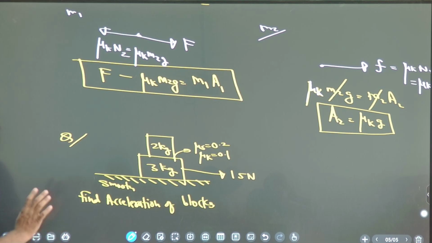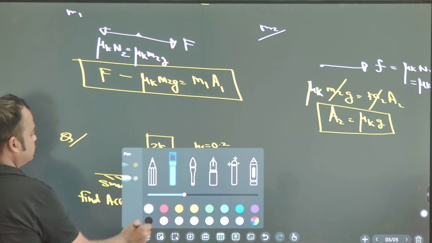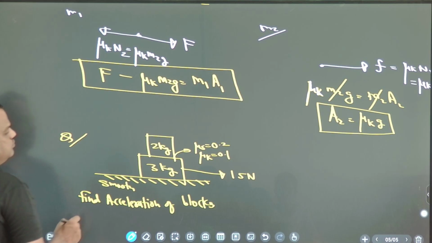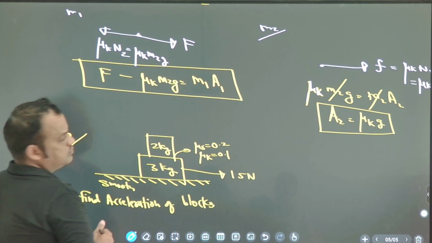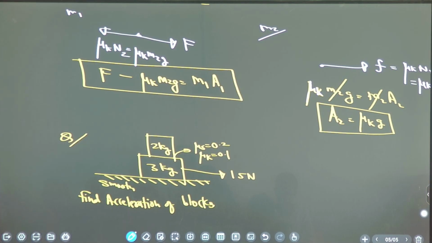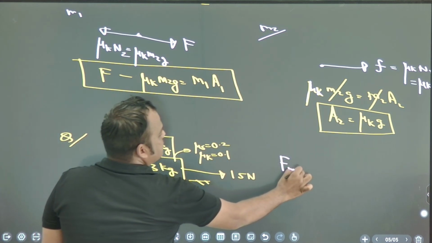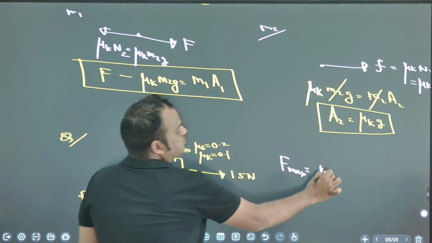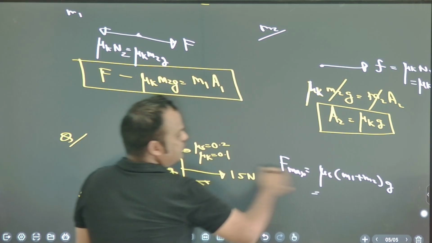So first you check whether they are slipping or not. What is F max? Capital F max. Formula: mu s (M1 plus M2) G. Okay, calculate how much.